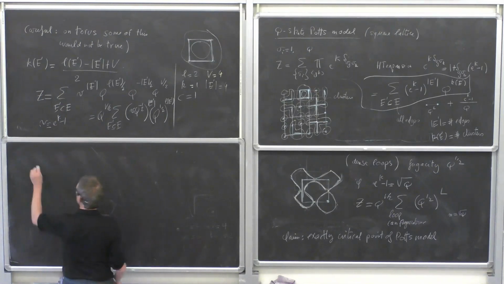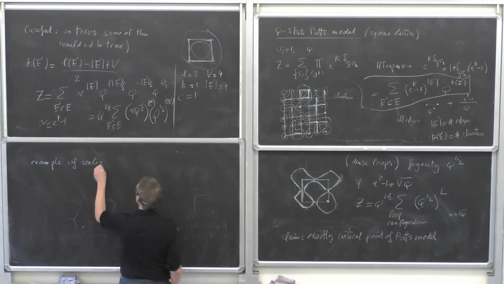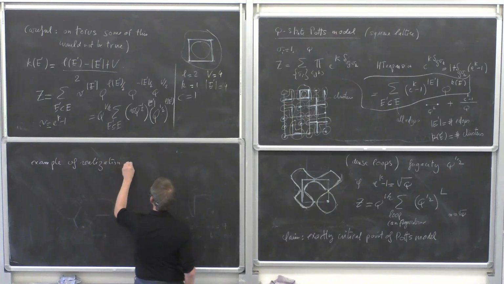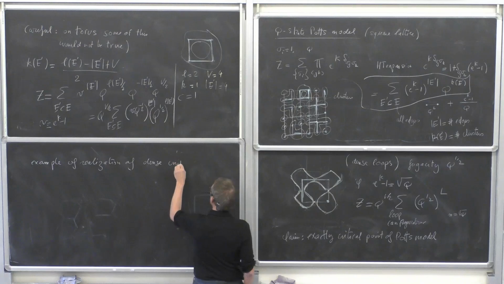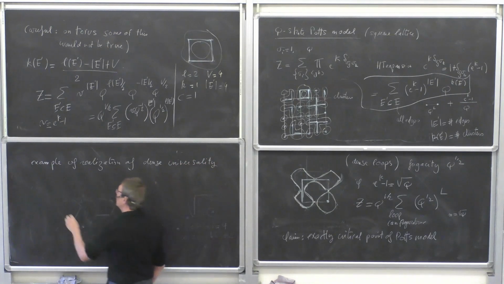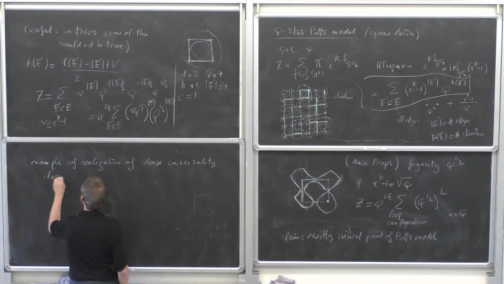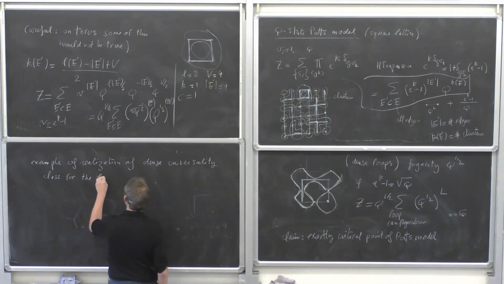So this is an example of realization of the dense universality class for the loop ensemble.